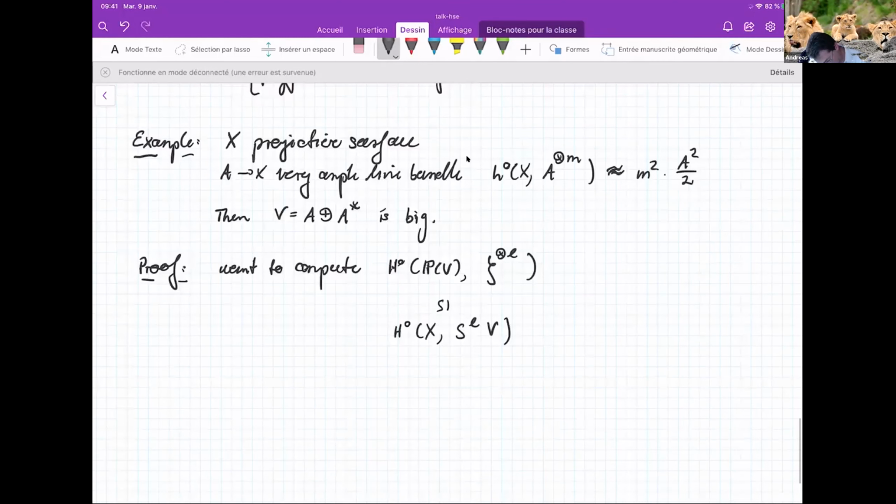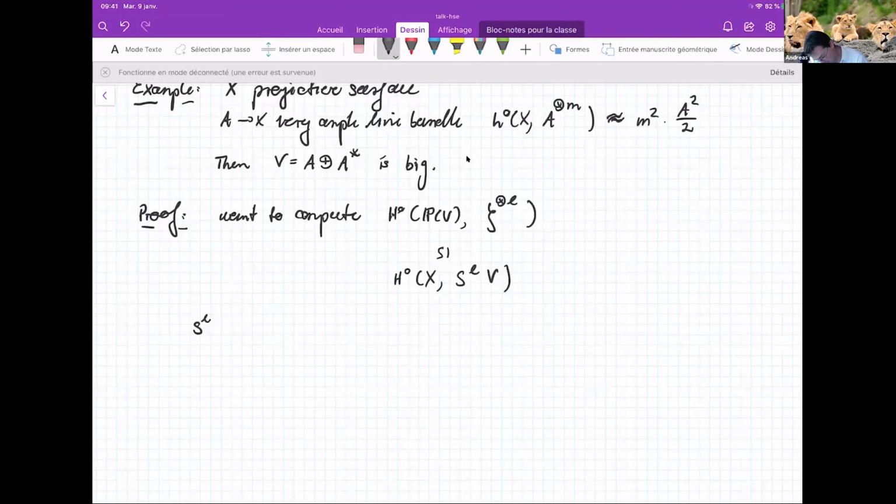Now, let's do this. So S^l of V, so that's the l-th symmetric power of A plus A star. This decomposes also as a direct sum, so that's j from 0 to l, and then you have A^(l-j) tensor (A star)^j, and this you can rewrite like this.